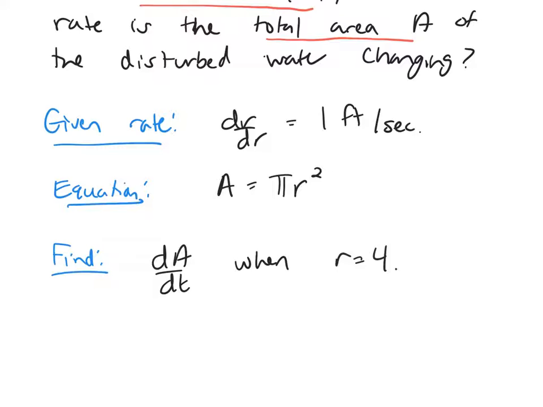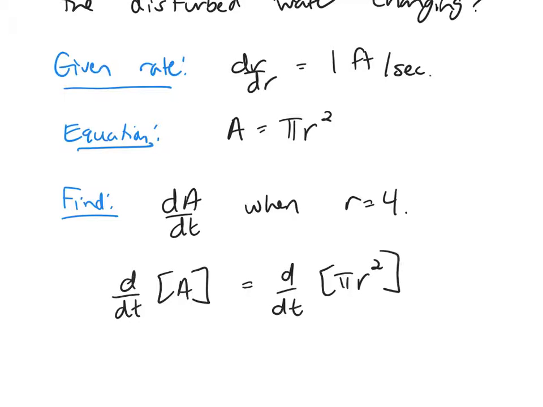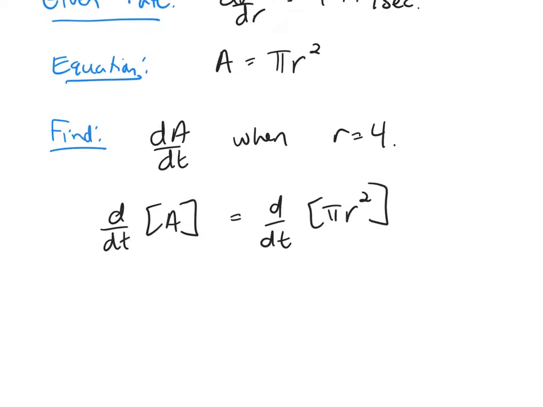So now we're going to take our equation and take the derivative of both sides with respect to time. So d/dt of pi r squared. So this becomes dA/dt, and then the derivative will be pi, and then the derivative of r squared is 2r dr/dt.